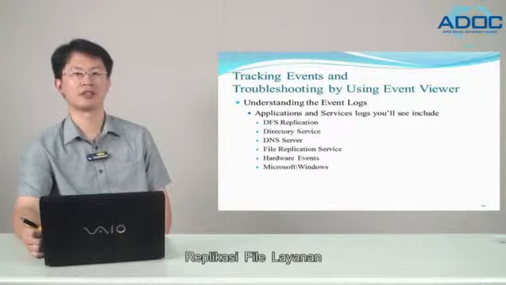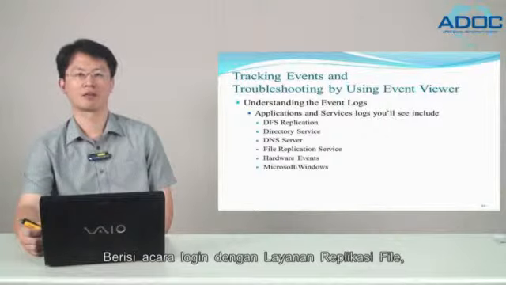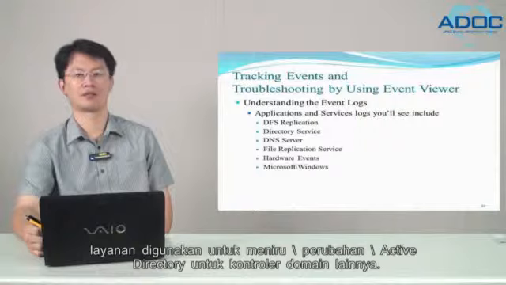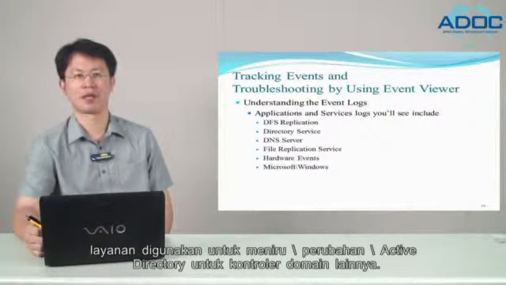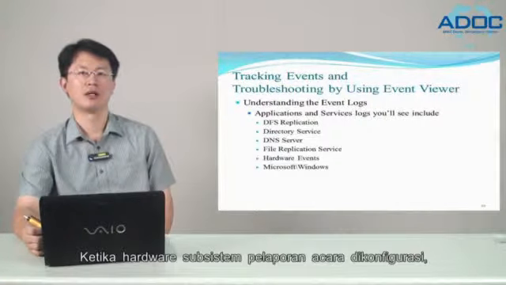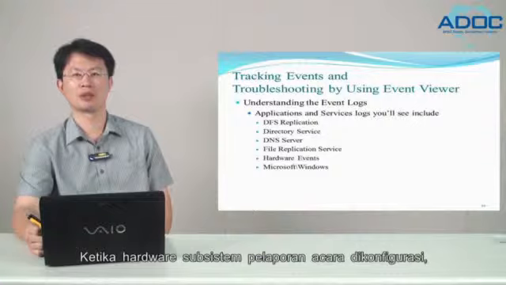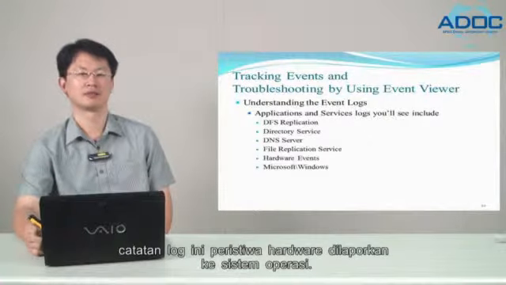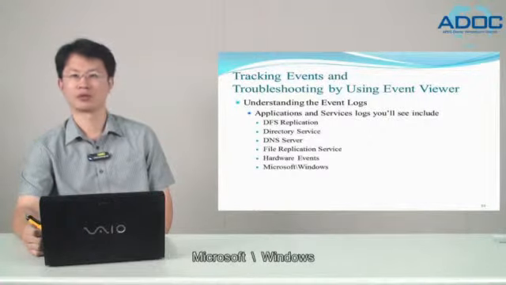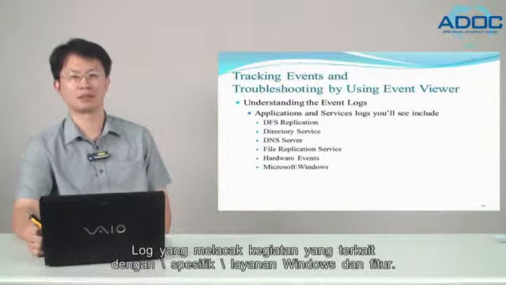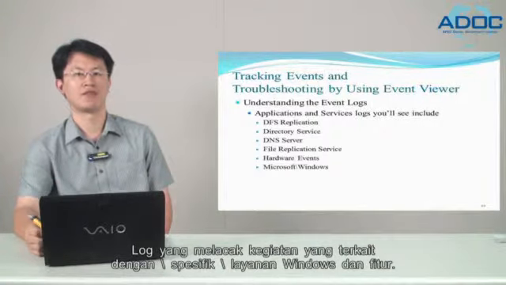File Replication Service contains events logged by the File Replication Service, a service used to replicate Active Directory changes to other domain controllers. Hardware Events: when hardware event reporting is configured, this log records hardware events reported to the operating system. And Microsoft Windows: logs that track events related to specific Windows services and features.